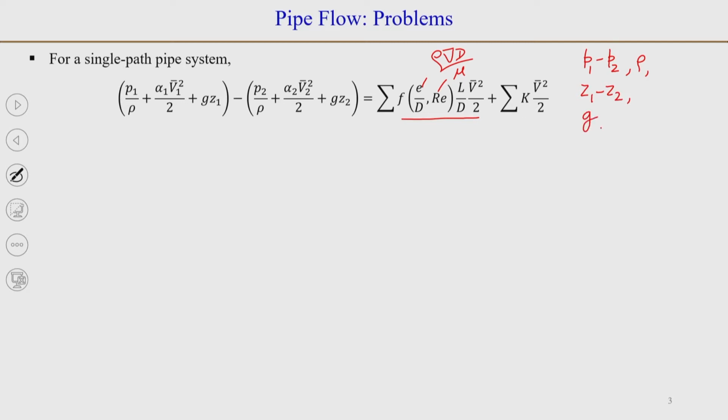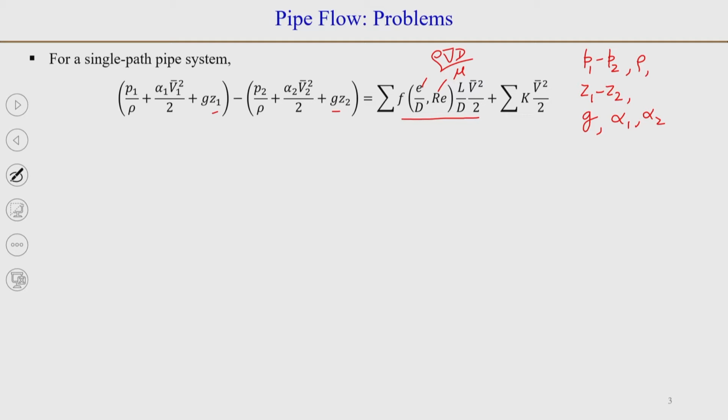For example, g, acceleration due to gravity, is a constant, and you have Z1 minus Z2, so you can combine those together. Then you have alpha 1 and alpha 2, which are basically kinetic energy factors, and they have values of 2 for laminar flow and close to 1 for turbulent flows. So, for turbulent flows, we will take the values of alpha 1, alpha 2 equal to 1.